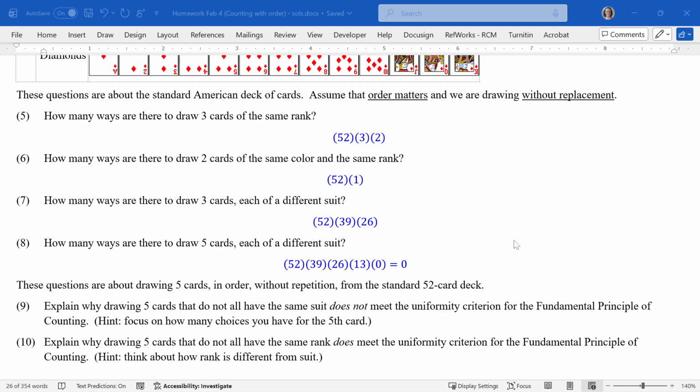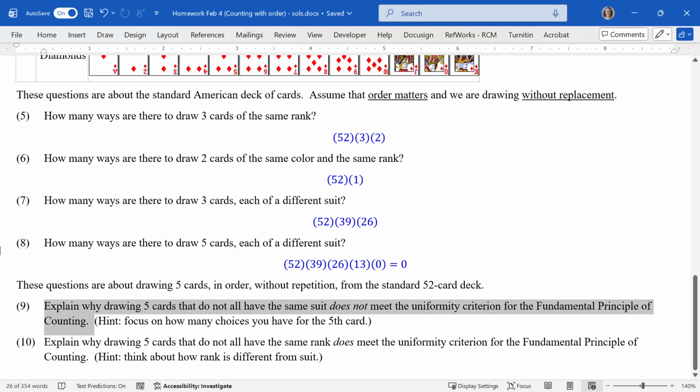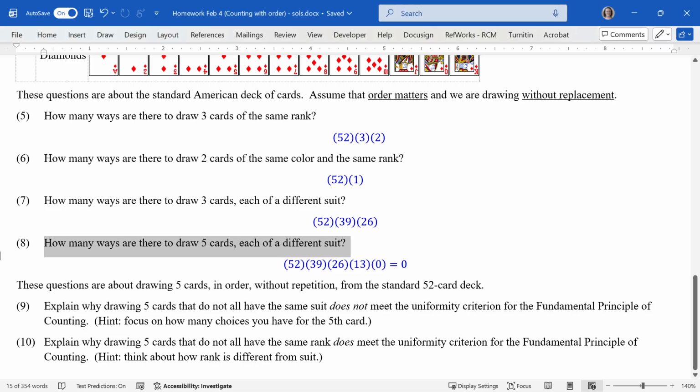Okay, so you have to be very careful with how this is worded, because it almost seems like it's the same task as number 8, but it's actually not. So number 8 is saying 5 cards, each of a different suit, so like 5 different suits, and that's impossible, which is why we get 0, that there's 0 ways to do this.